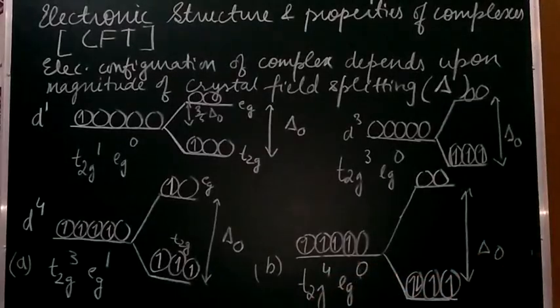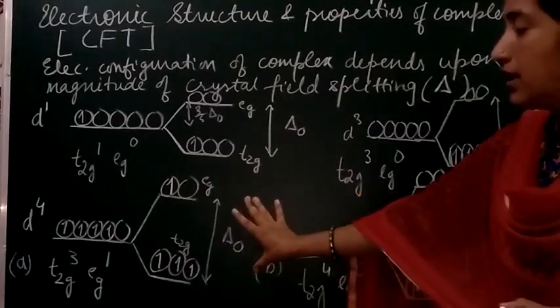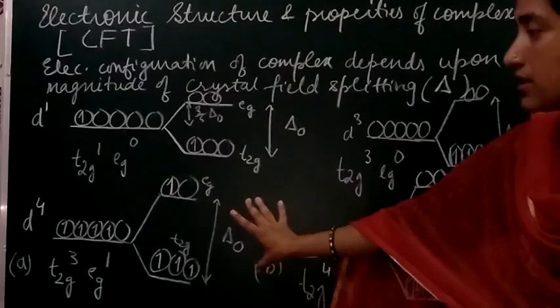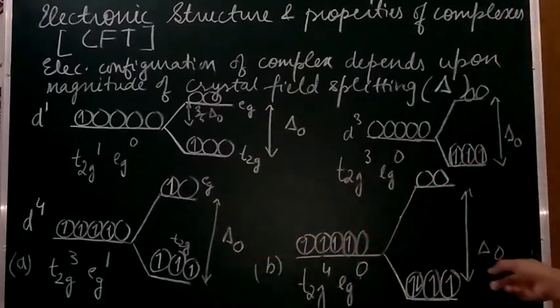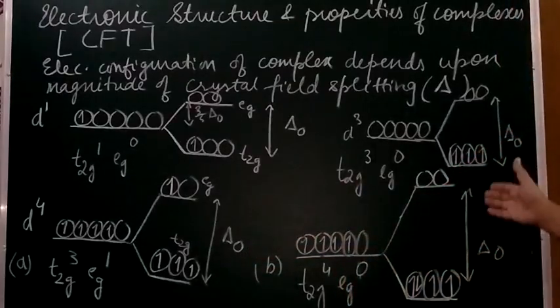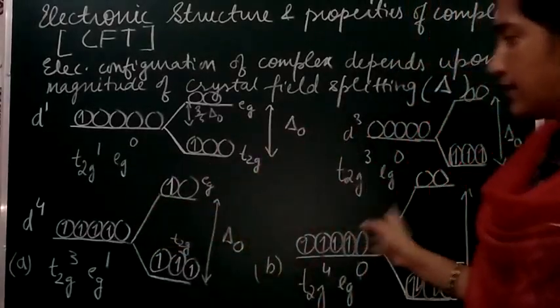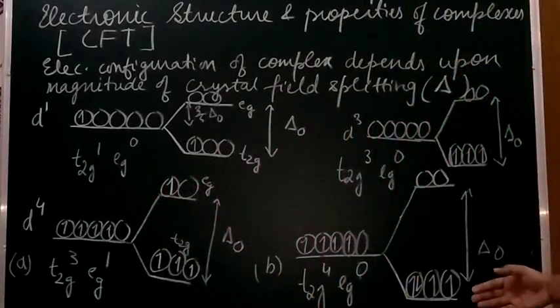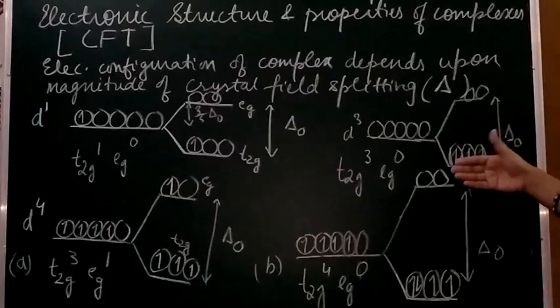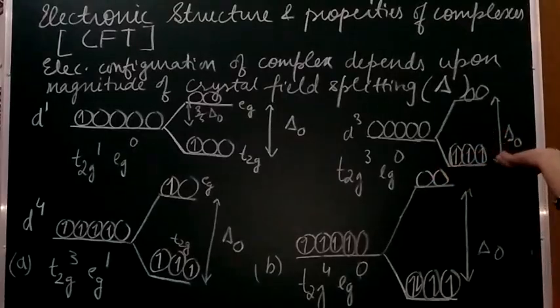Now, can you tell me why it will happen so? You can see the figure here, the crystal field splitting diagrams of the 2 cases. You can easily point out the difference. What's the difference between the 2? Both have d orbitals, both have the T2G set of orbitals at the bottom and 2 orbitals of EG at the top.